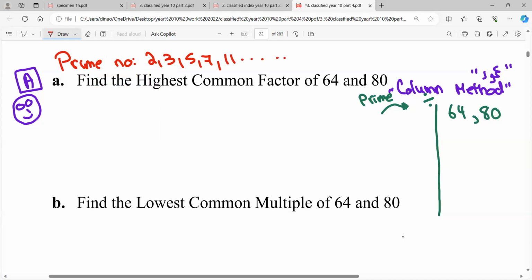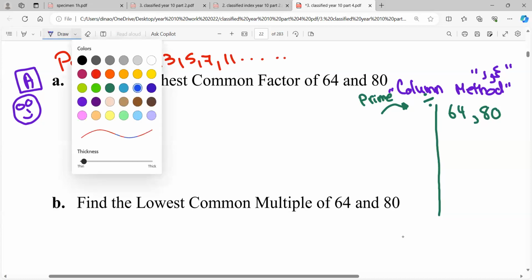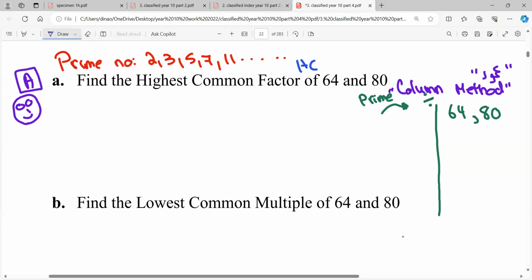Let's see how I start my solving process and what the keywords of HCF are. Whenever you are going to find HCF of two numbers using the column method, remember your keywords: both and same.